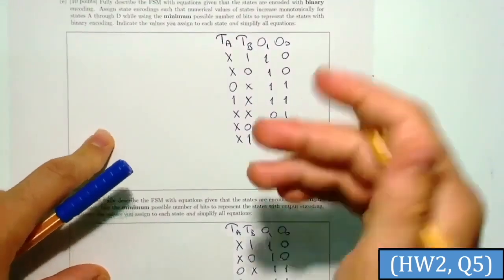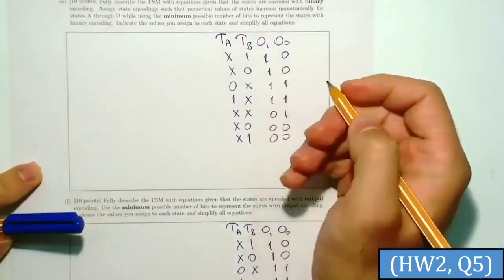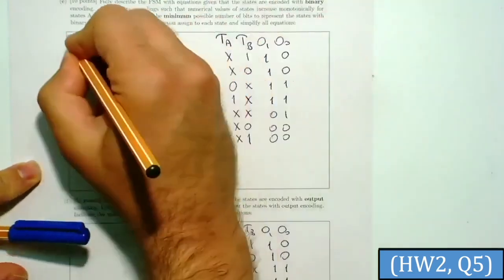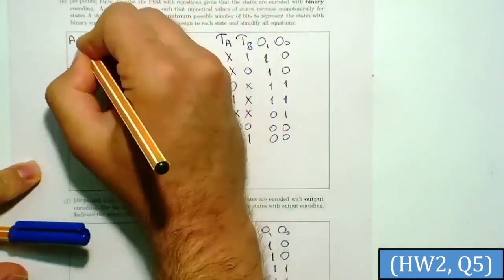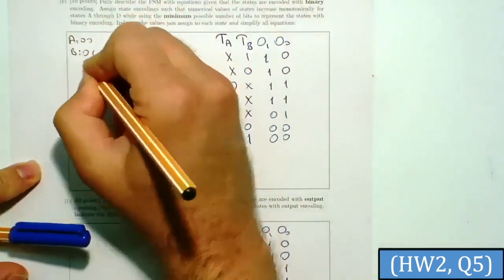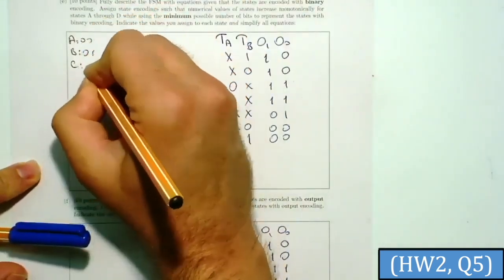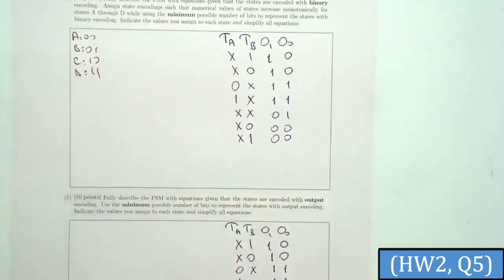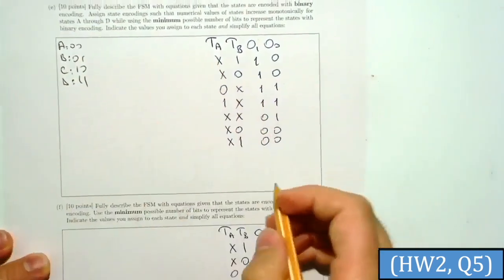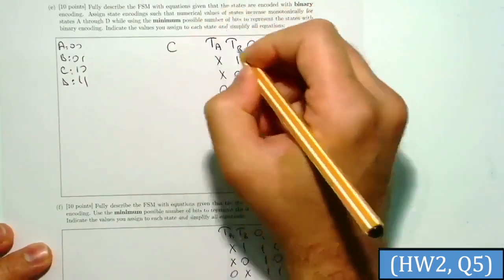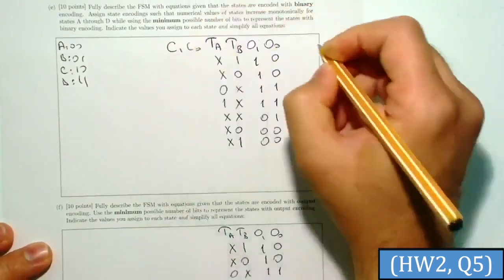For the binary encoding, we can use 2 bits to represent four states, right? So I'm going to represent A as 0, 0, but it's all up to you how you represent. It doesn't really matter, but make sure that you use the minimum number of bits to represent states, the same thing as in the previous question. This time we have only 2 bits.